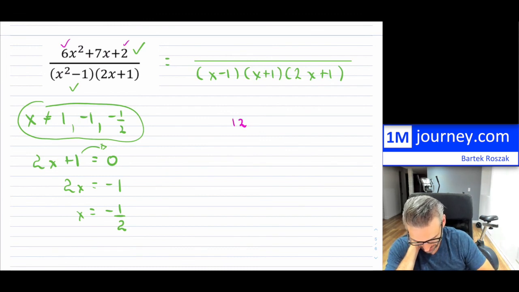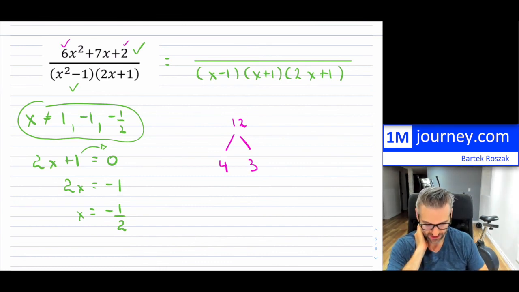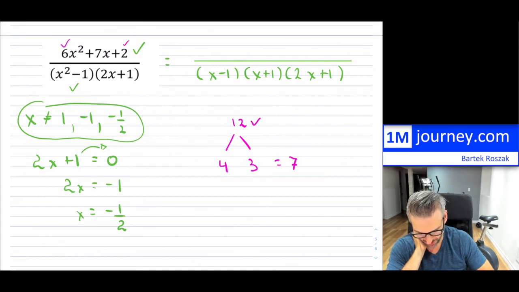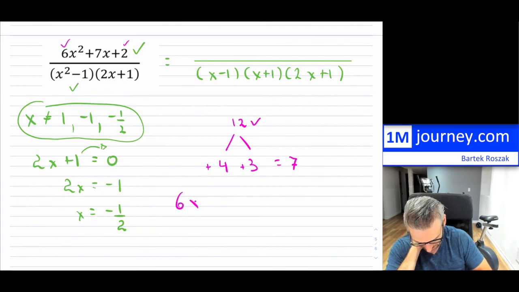Everything's positive, so now two numbers multiplied together that give me 12, and added together, that's going to be 4 and 3. Because they add together to 7, and they multiply to 12, and they're both positive. So we can decompose this. So it's going to be 6x squared plus 4x plus 3x plus 2.